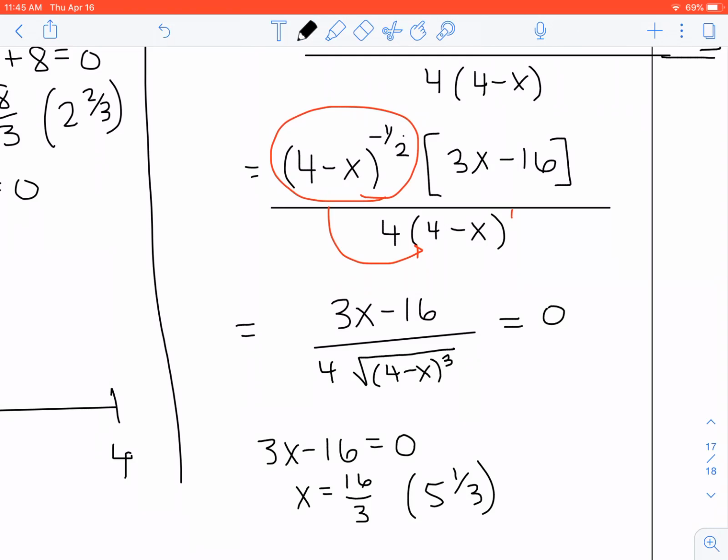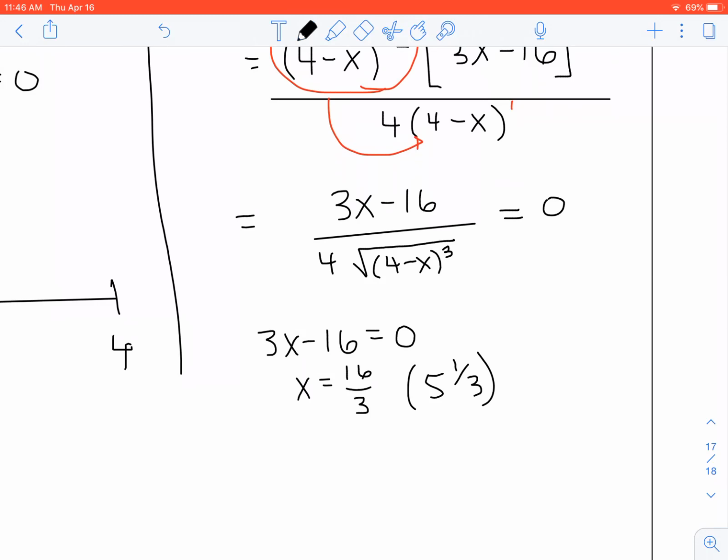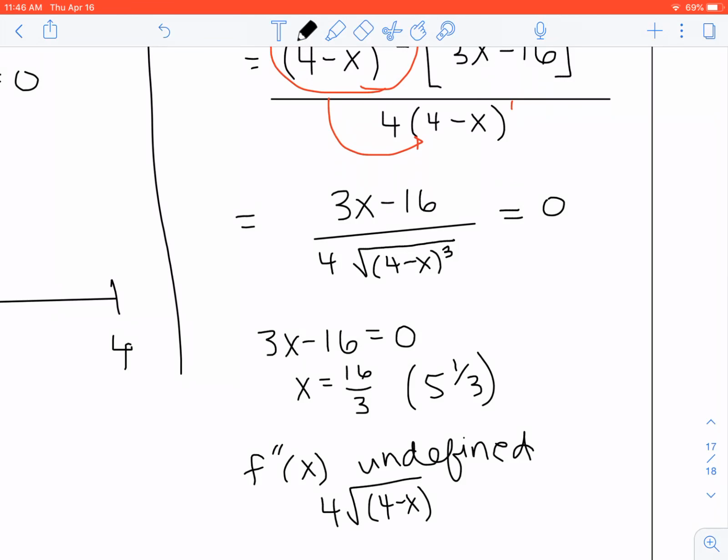And then we also have to look at where the second derivative is undefined, when the denominator is equal to 0. And when you solve that out, you should get x is equal to 4.